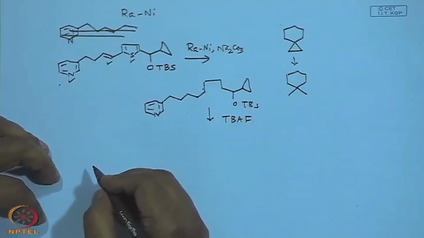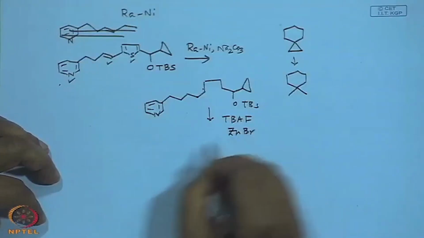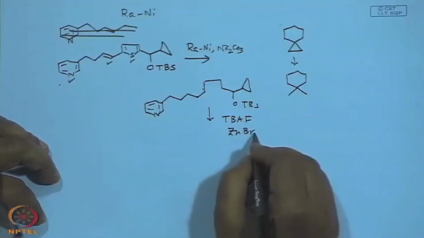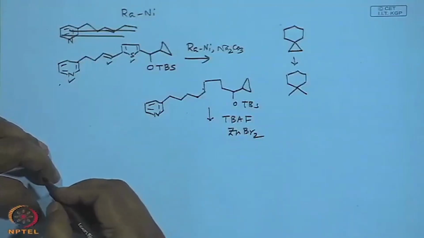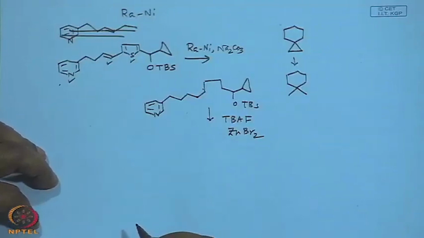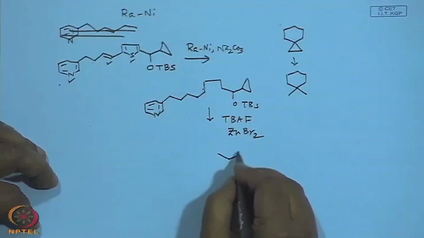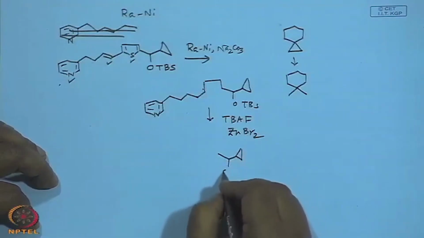Tetrabutyl ammonium fluoride, all of us know what the product is. Okay, desilylation. Then you treat this with zinc bromide. Any guess? What should be the product? So, OH is produced.